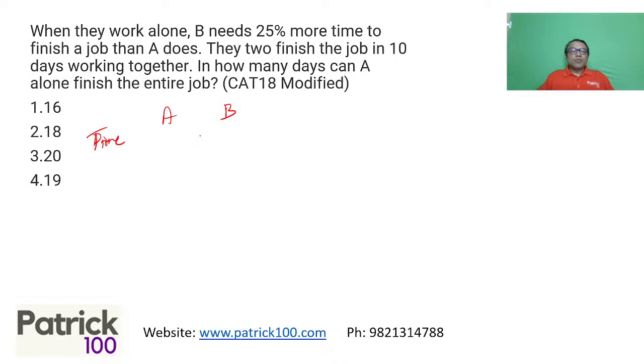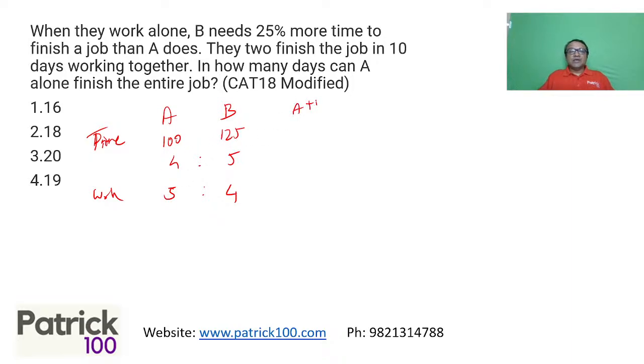B needs 25% more time. So A does 100, B does 125, or we say 4 is to 5. Right? So work done by them will be 5 is to 4. Time taken is 4 is to 5. Work done by them is 5 is to 4.